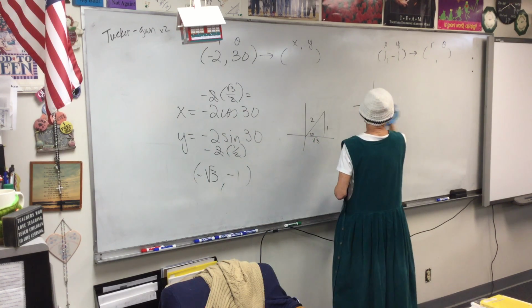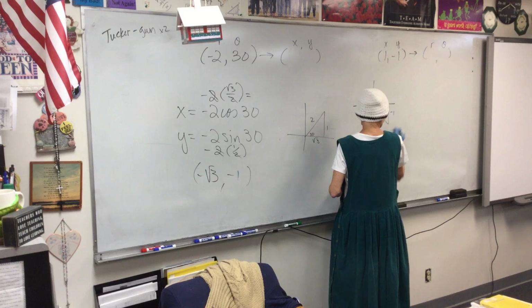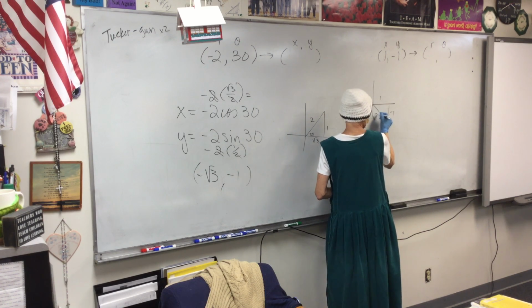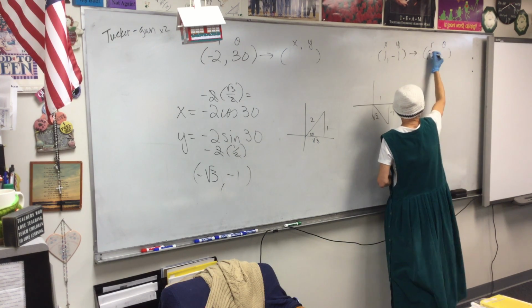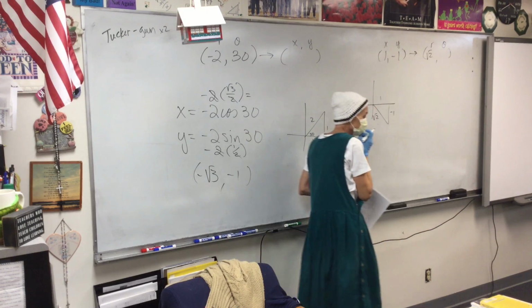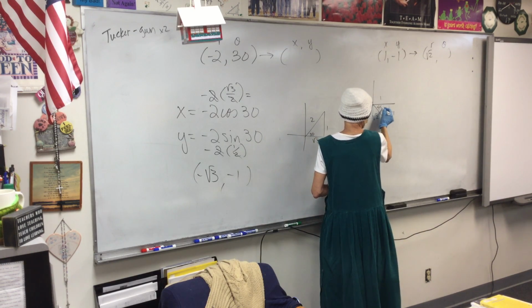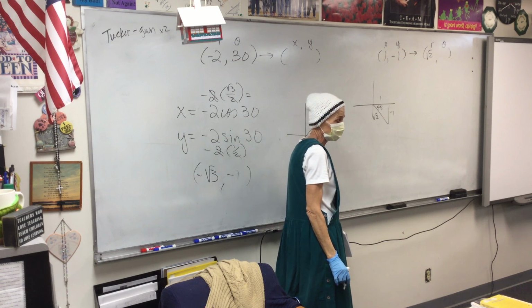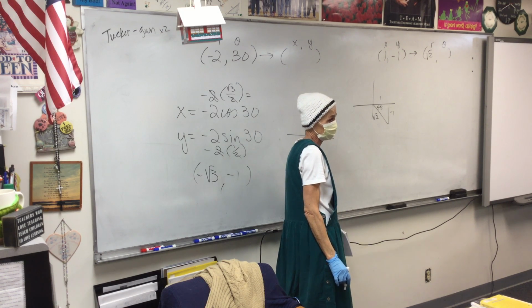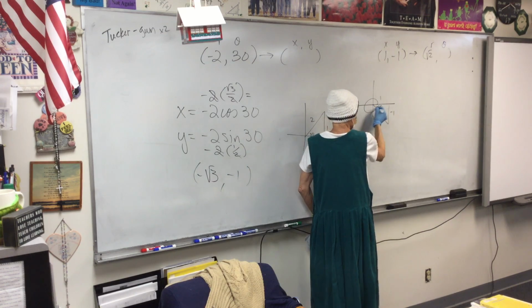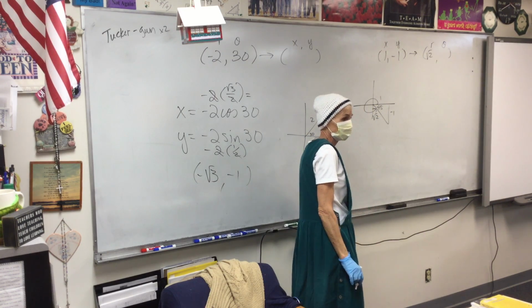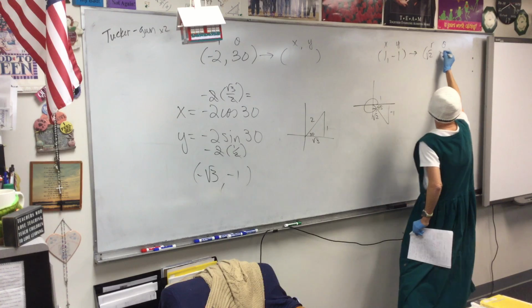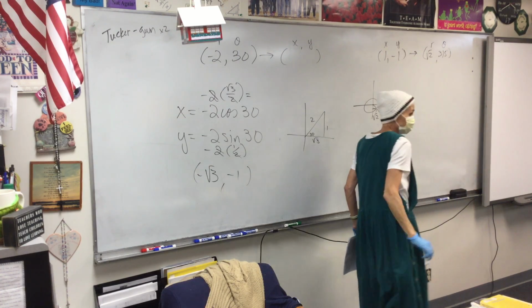Draw a picture. The Pythagorean theorem gives you r, right? That's easy. Does everybody recognize this is a 45-degree angle? However, is theta 45? No. Theta is 315. Done.